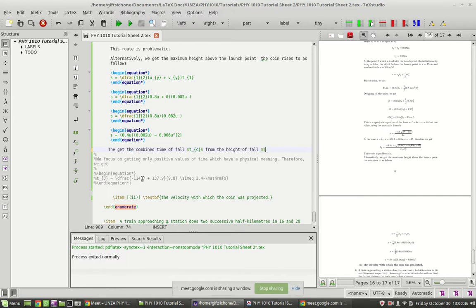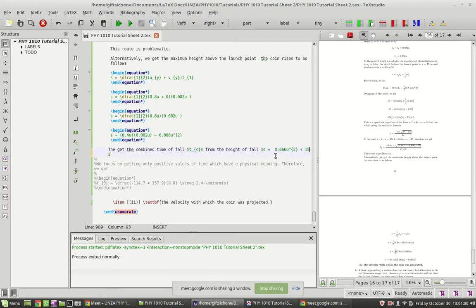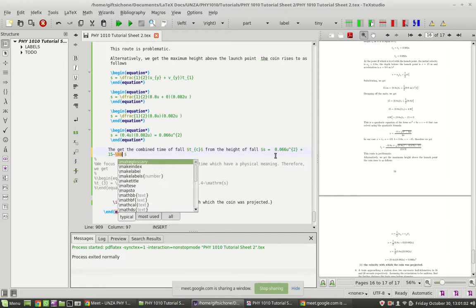The height is our S, which I found to be 0.066 u squared plus the 15 meters, as follows.